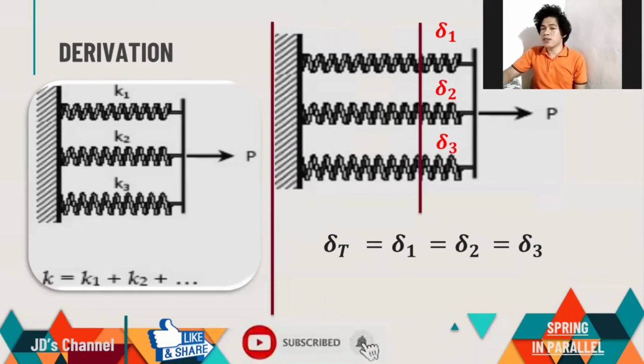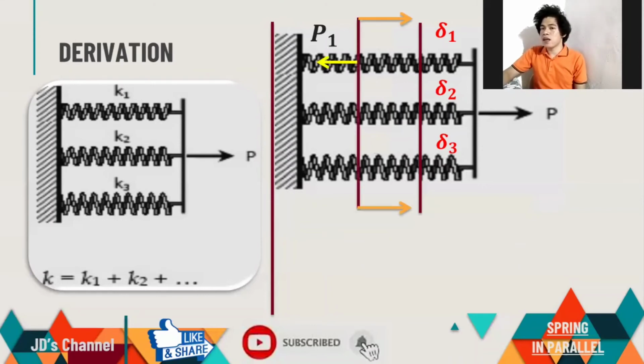So, the next one class, i-consider natin yung mga forces niya. So, when a force is applied, nagkaroon ng paghila, so yung ating wire 1, magre-resist siya, mag-a-apply ito ng resistance, so magkakaroon ng P1 doon. And also yung second wire, magkakaroon siya ng laban or ng resistance against dun sa P, in order to maintain the equilibrium.